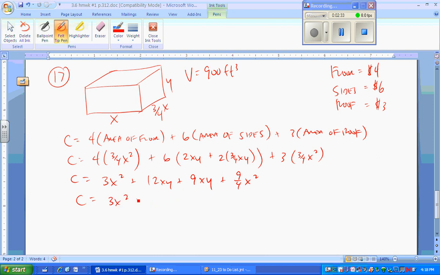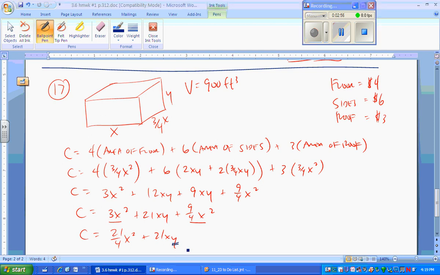So we can combine these two middle terms, 3x squared plus 21xy plus 9/4 x squared. We can actually combine these two also. So 3 is the same as 12/4 plus 9/4, we get 21/4 x squared plus 21xy.